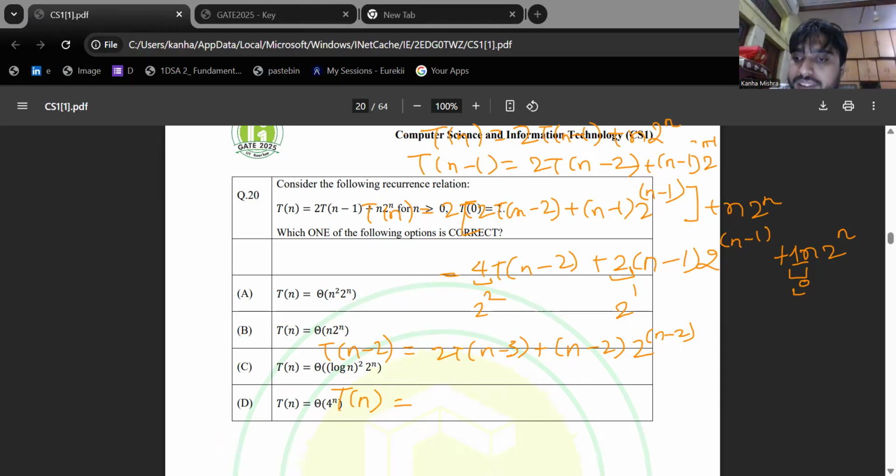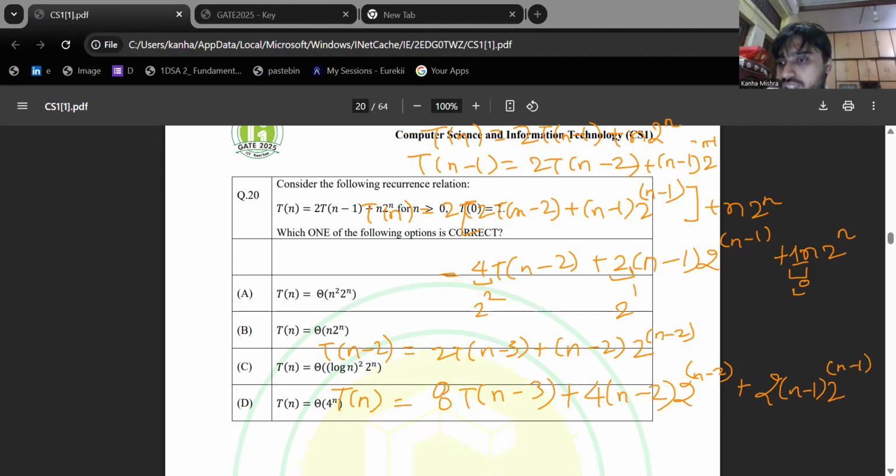If I replace it in one of the terms, then T(n) will be 8T(n-3) + 4(n-2)·2^(n-2) + 2(n-1)·2^(n-1) + n·2^n.